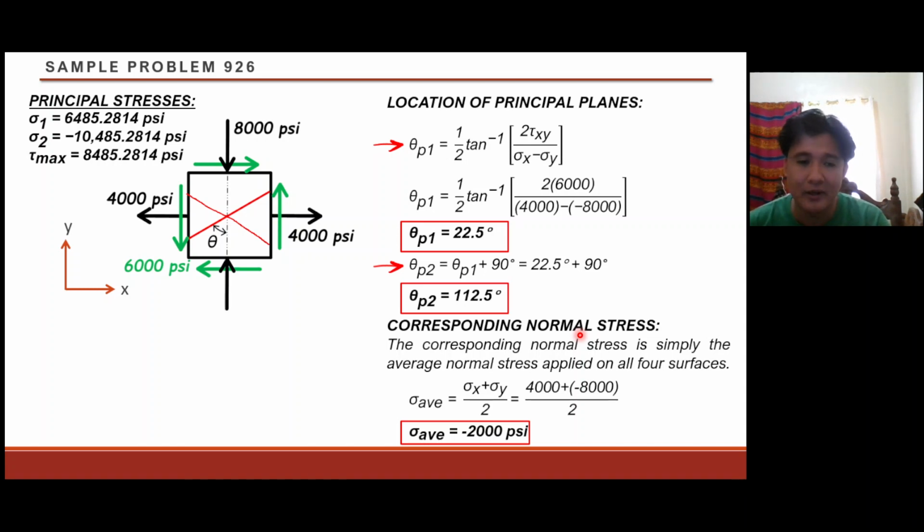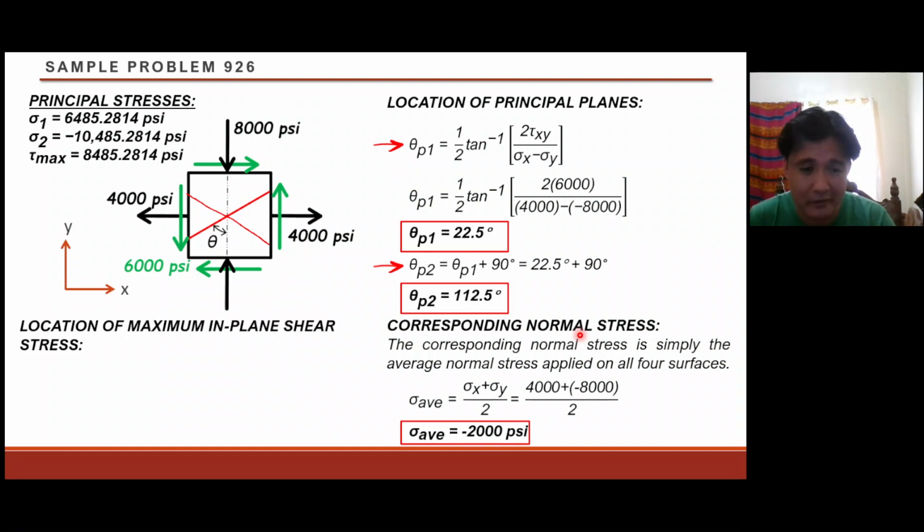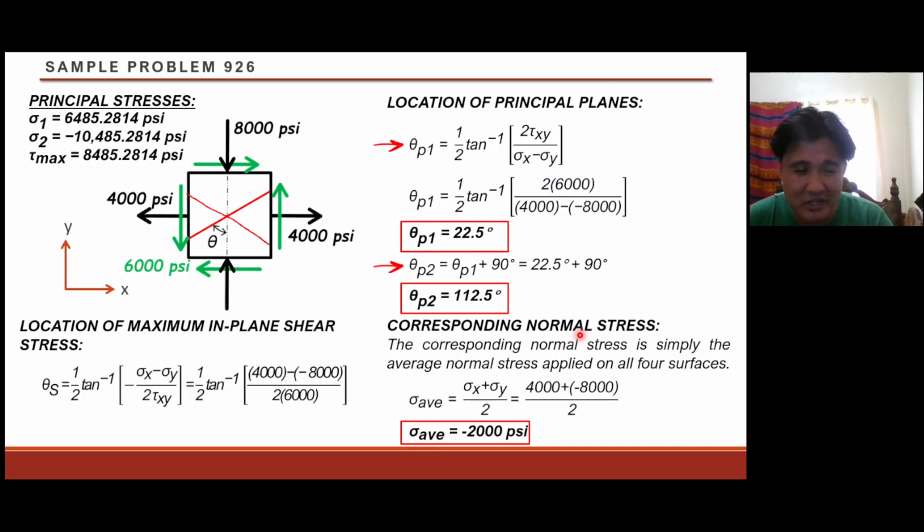And lastly, dahil nga kanina may nakuha tayong maximum shearing stress, di ba? Siyempre, may point din kung kailangan nating hanapin yung location ng maximum shearing stress. So, para mahanap natin yung location of maximum in-plane shear stress, gagamitin din yung equation natin na theta S is equal to 1/2 tan minus 1 negative stress X minus stress Y all over 2 times shear XY.